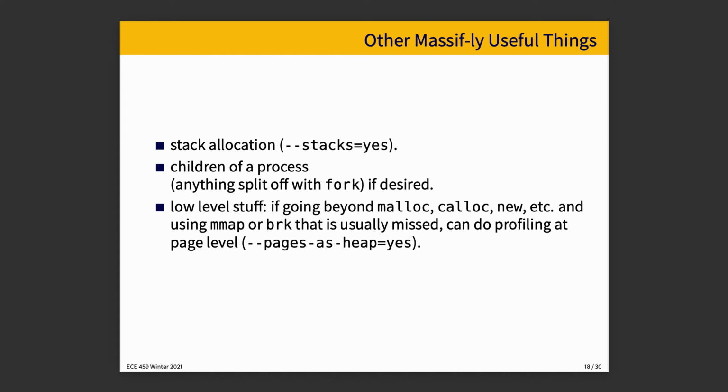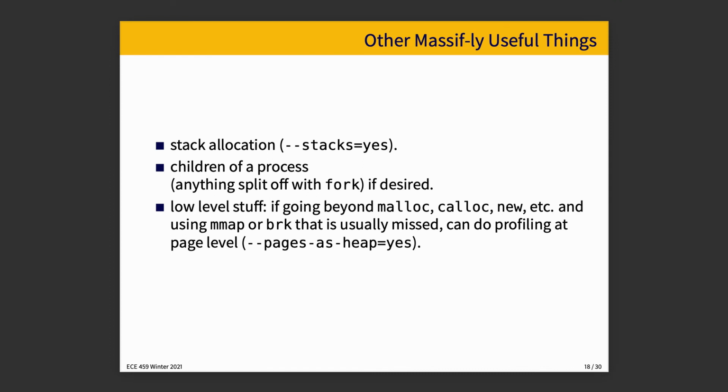If you have a very low-level program and it does stuff with mmap as a system call, you could in fact ask Massif to look at that for you, and it will tell you where your memory is going and why this happened and how often this happens, and all that kind of stuff which you otherwise might not see. And it can do profiling at the page level as well, so even asking the operating system, however the memory gets to be there, tell me about it, and the operating system will gladly provide that kind of information as it needs.